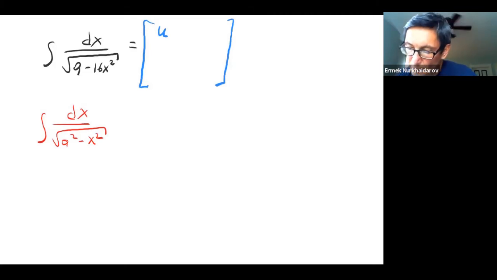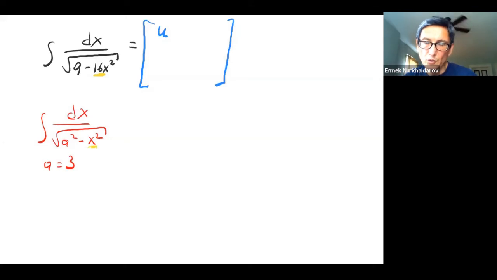So from here, we know immediately a is going to be 3. But that coefficient in front of x, that's what's throwing us off, because to use the formula, we need to have only x squared and we have 16x squared.